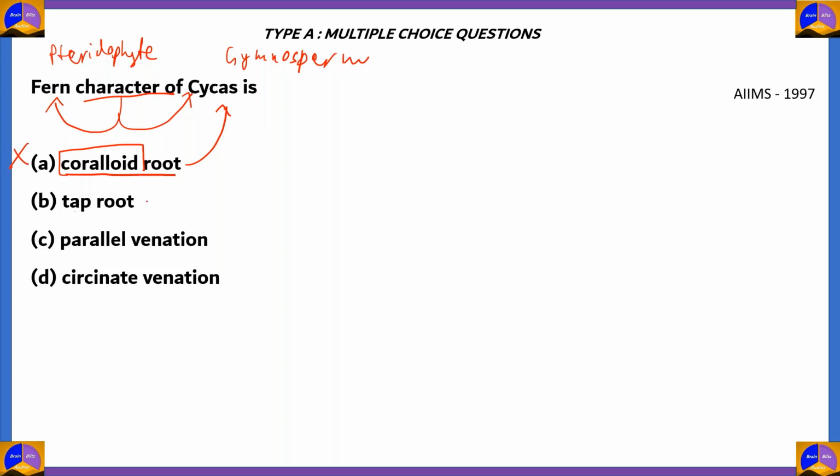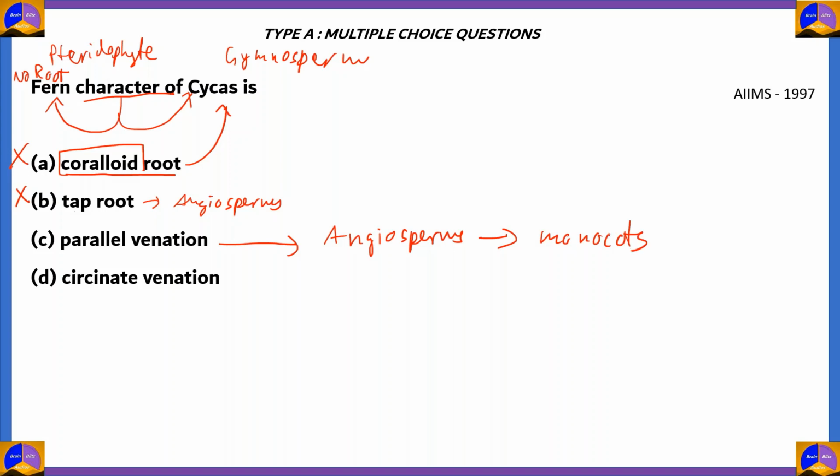These roots are found in angiosperms, while gymnosperms like Cycas have coralloid root, while ferns have no root. They have rhizomes. So option B is incorrect. Let's look at option C, parallel venation. This is again found in angiosperms and specifically monocots. So option C is also incorrect.